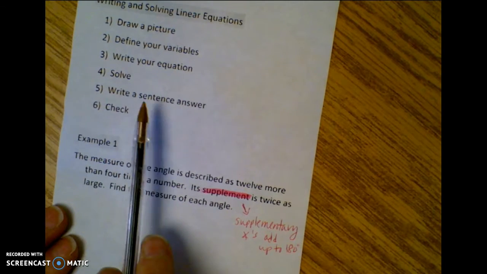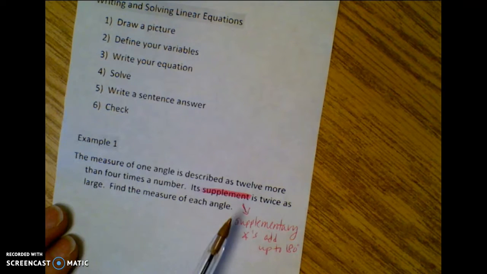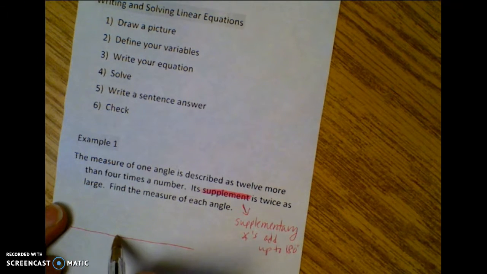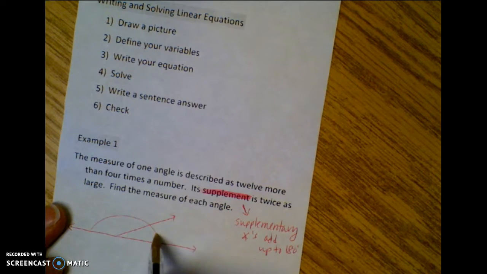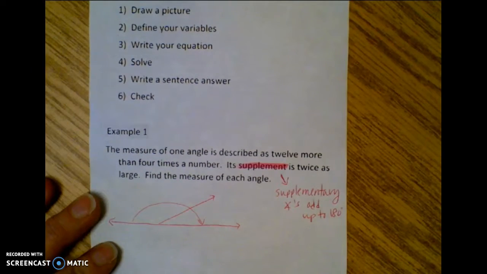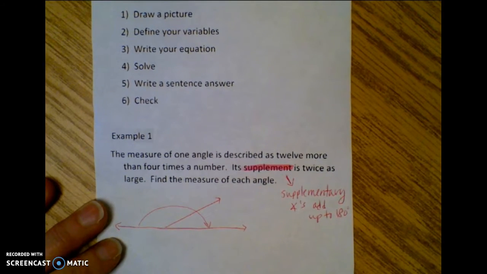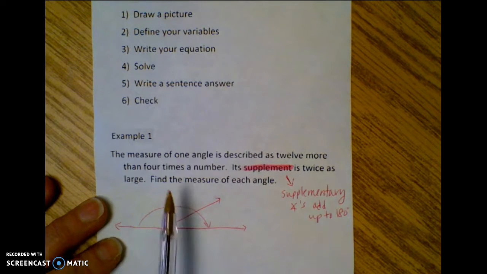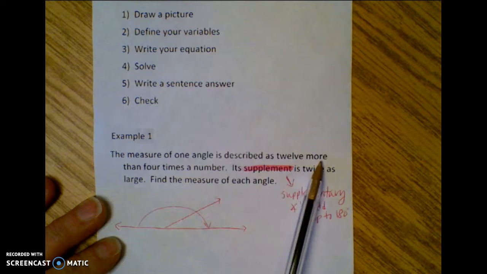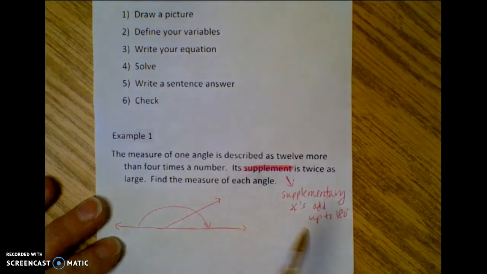What we want to do now is draw a picture. Since we know the angles are going to be supplementary, supplementary angles typically look like this. This is going to show a total of 180 once we're done assigning expressions to the angles. So what we are given in the very beginning is that the measure of one angle is 12 more than 4 times a number.